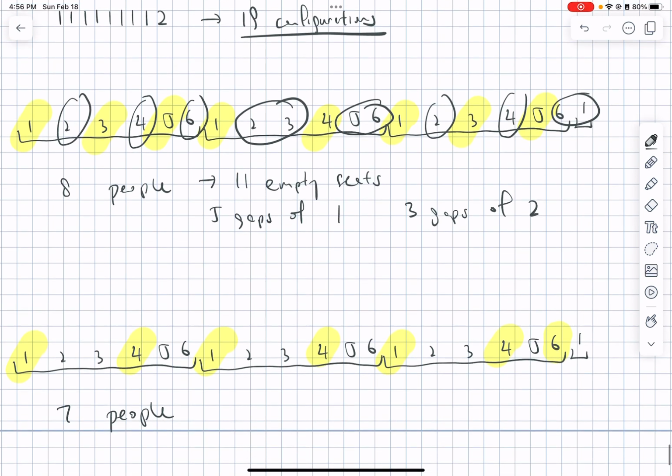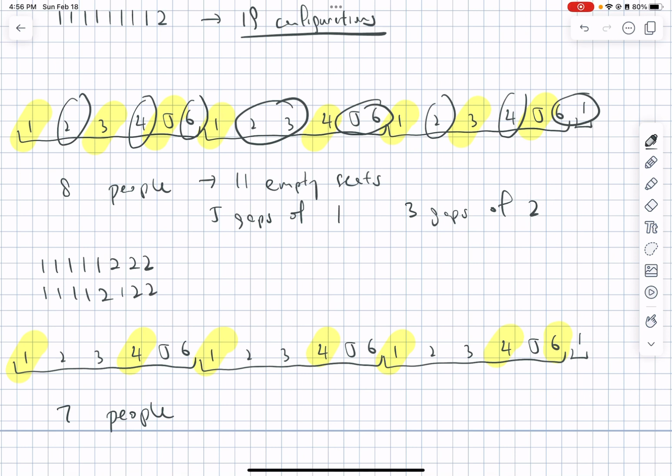So the configuration is going to look something like this: 1, 2, 3, 4, 5, 2, 2, 2. So note that the gaps of 2s don't have to be next to each other. It could be like 1, 2, 3, 4, 2, 1, 2, 2, and stuff like that.